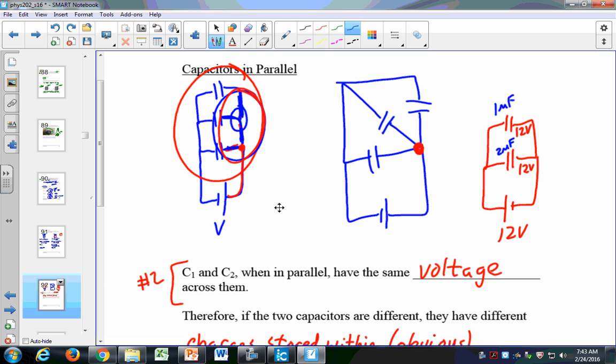This one will have, what will the charge be here? I know that Q is equal to CV. If I have 12 volts and 2 microfarads, what is my charge? It's going to be 24 microcoulombs, right? And then here I'll have 12 microcoulombs. Different capacitors will have different charges. I say that because when we get to capacitors in series, that's not going to be the case. But for capacitors in parallel, my different capacitors will have different charges.